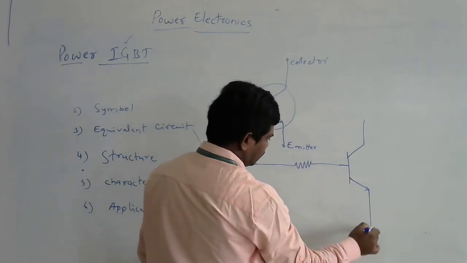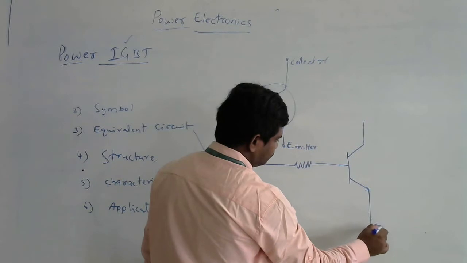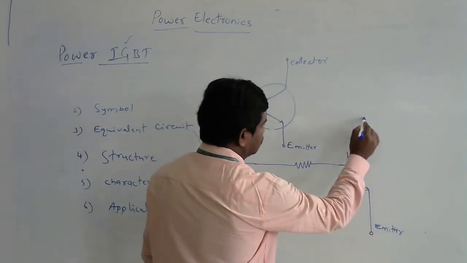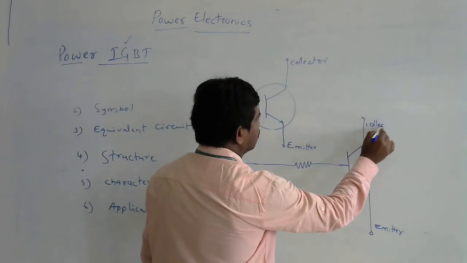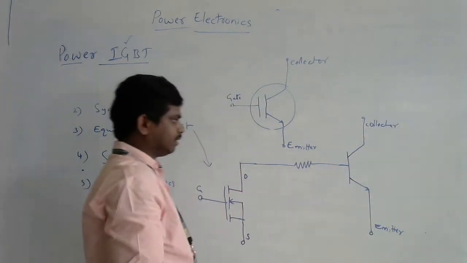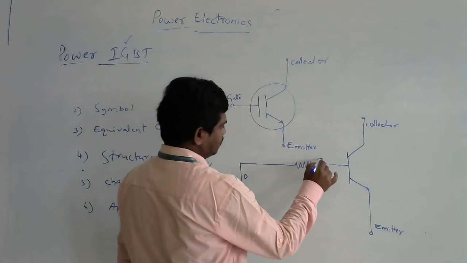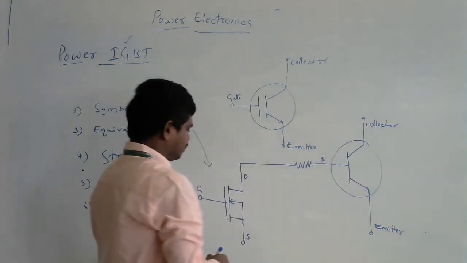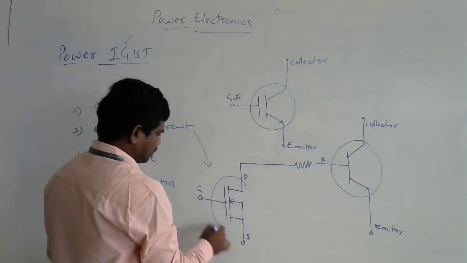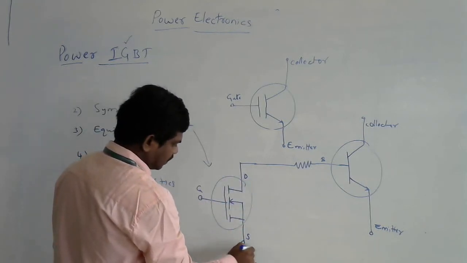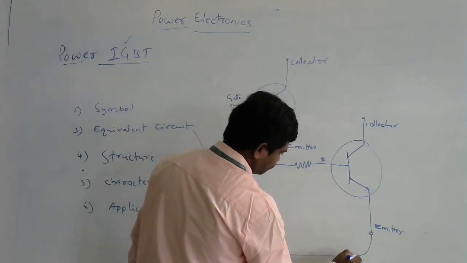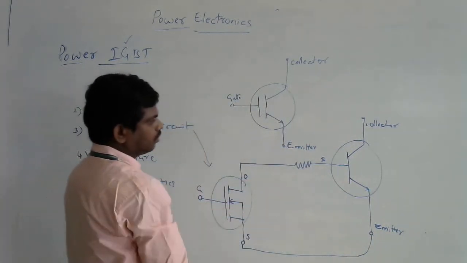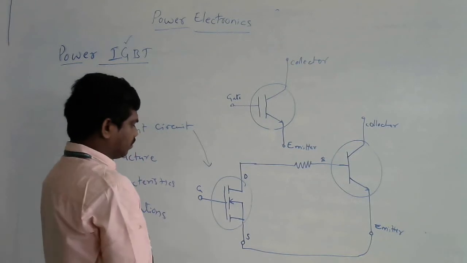This is my emitter terminal, this is my collector terminal, and this is the base of the BJT. These two are connected together. So this is what we call the equivalent circuit of power IGBT.